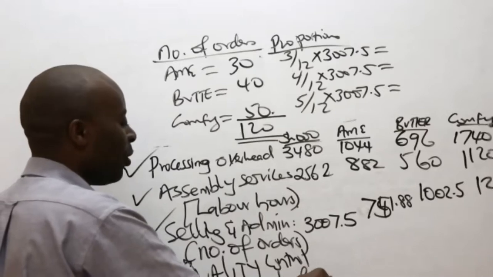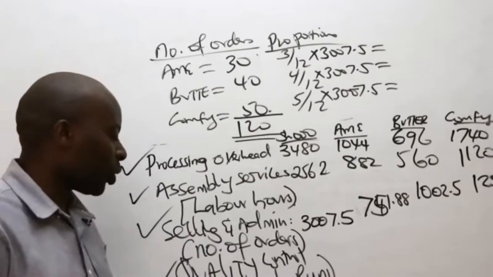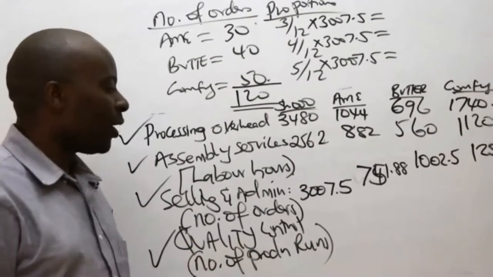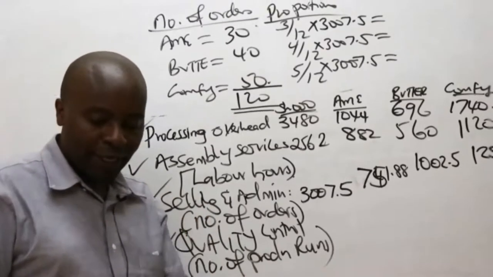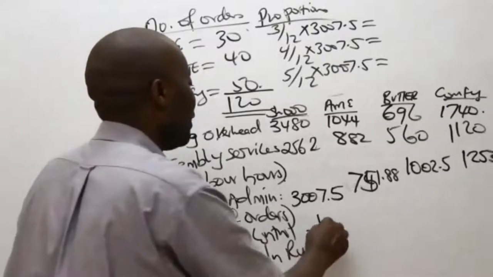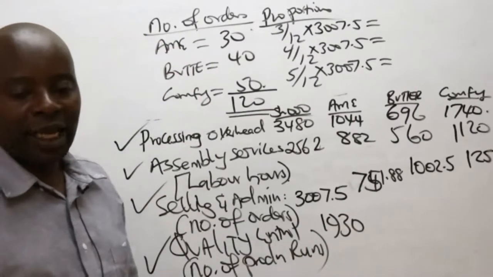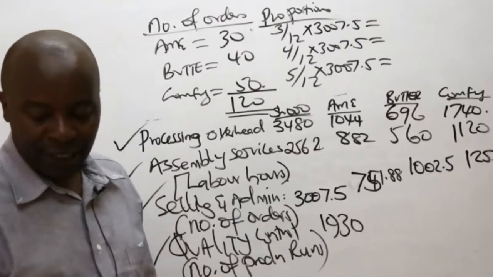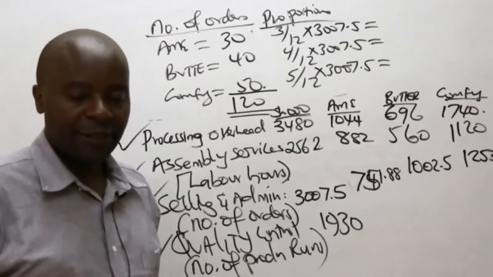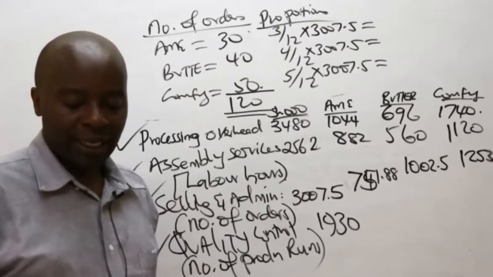So quality control overhead, which is to be apportioned, is 1930.